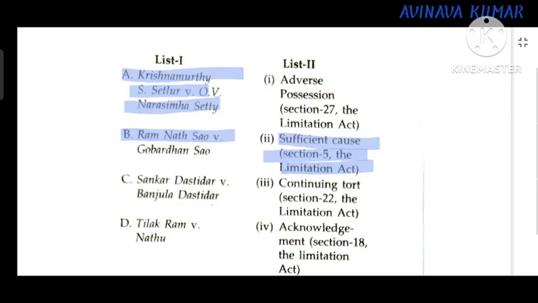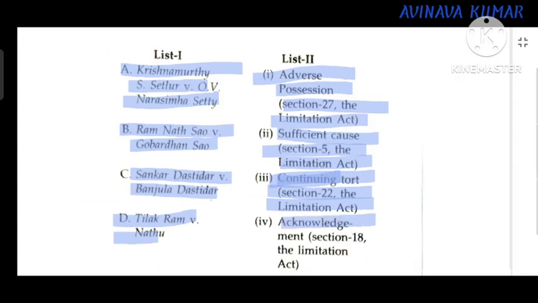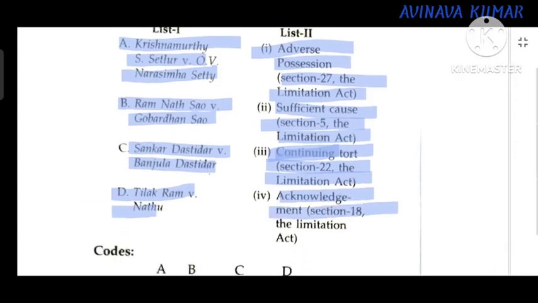Ramnath Sahu versus Govardhan Sahu: continuing tort, Section 22 of the Limitation Act. Shankar Dasidar versus Banjula Dasidar: adverse possession, Section 27 of the Limitation Act. Tilak Ram versus Nathu: acknowledgement, Section 17 of the Limitation Act.